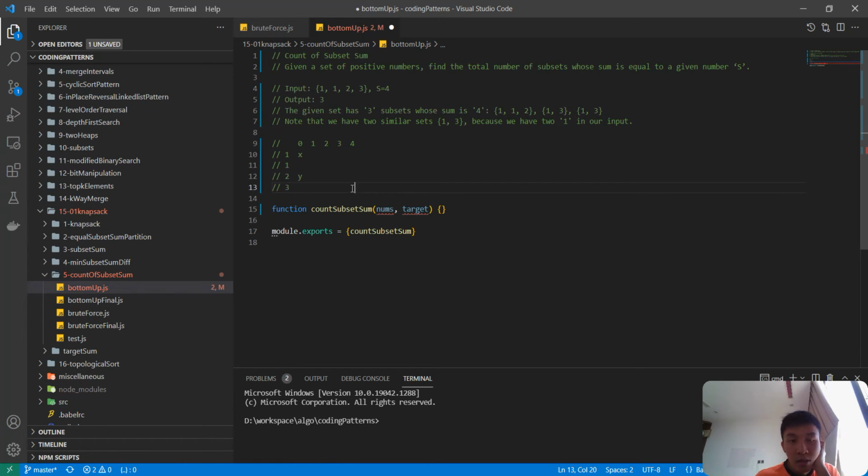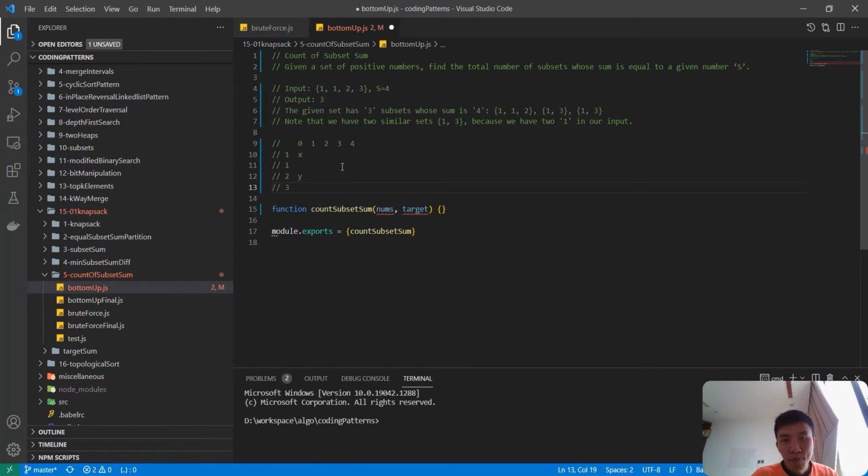The bottom right corner would be the answer for our original question, which is considering a set of positive numbers from 3 all the way to 1, find the total subsets that sum up to 4.